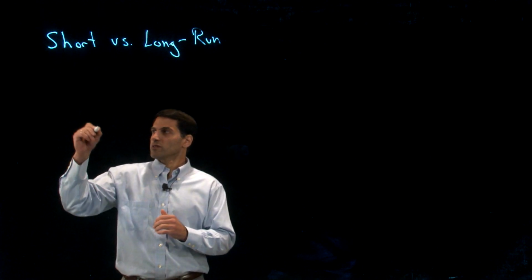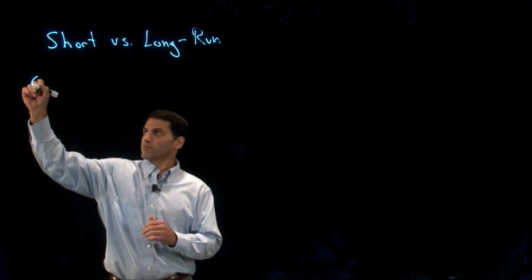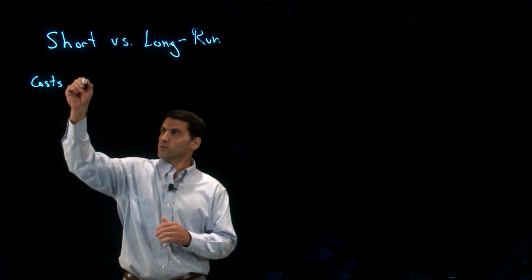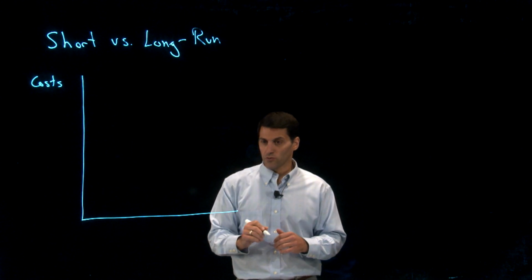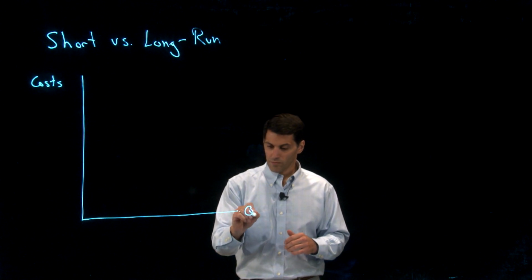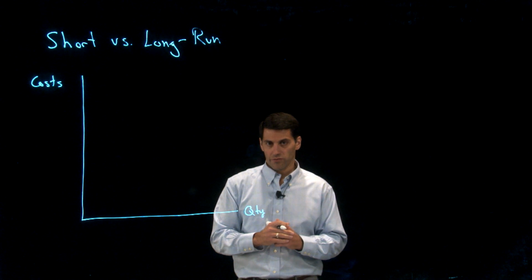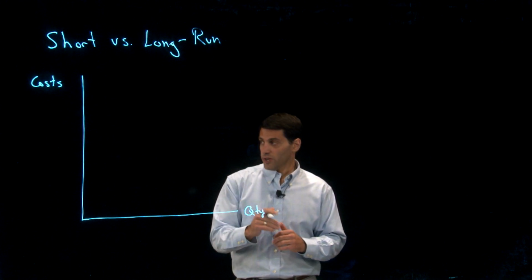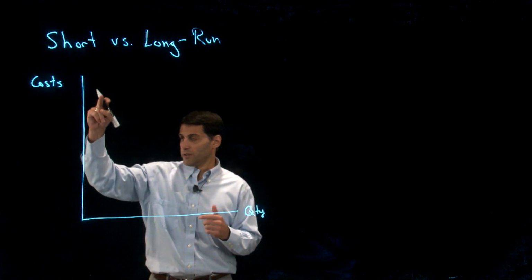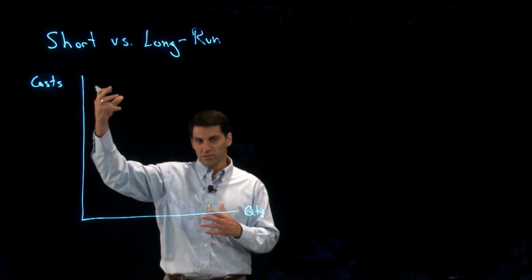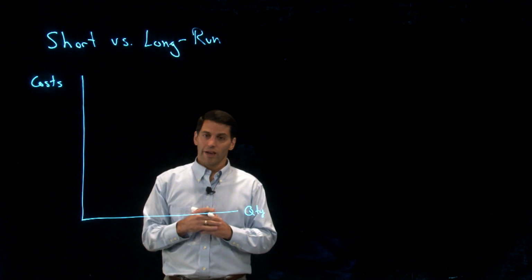But what does the long run average cost curve look like, and how does it relate to the short run cost curves? On the x-axis, we have the quantity that's being produced, and then we've got the cost in dollars up on the y-axis.